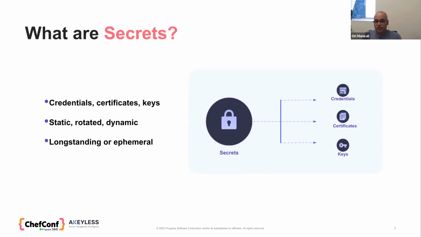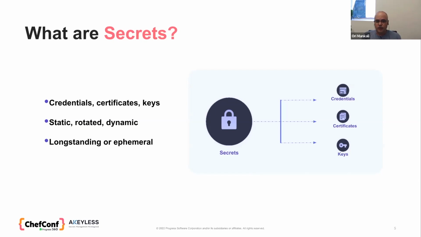It can be a client-side certificate, an API token, and the list is very, very long and diverse. Important to say that some of the secrets, or most of them, are used by applications. It can be a homegrown application. It can be a DevOps tool that I'm using in order to perform an automated job, for example, CI/CD, or a configuration management tool, or a container orchestration tool, etc.